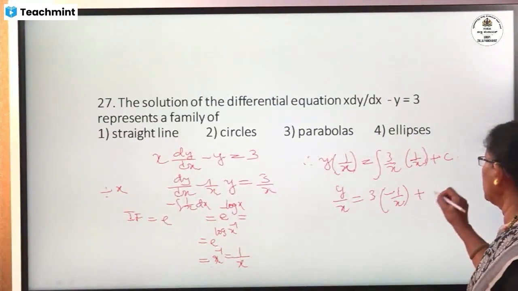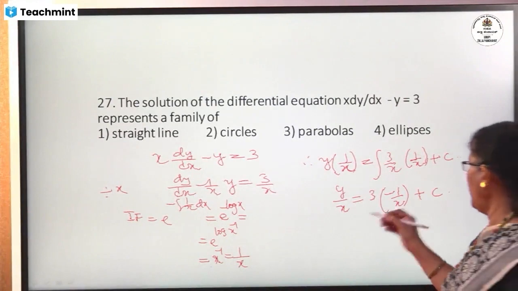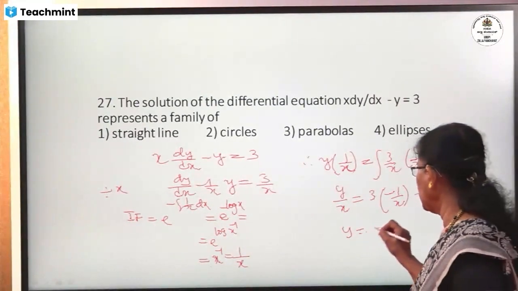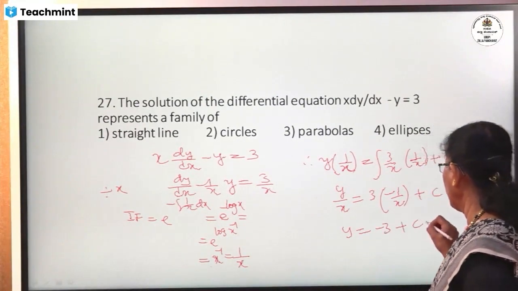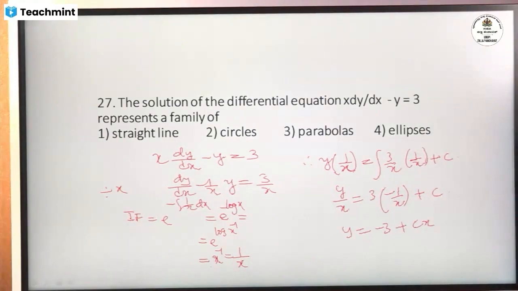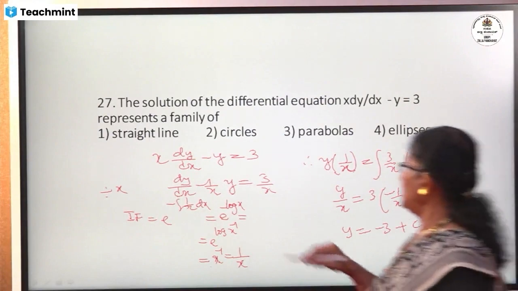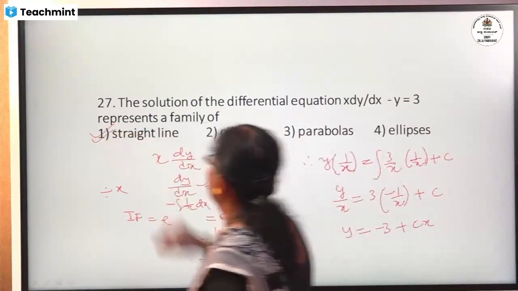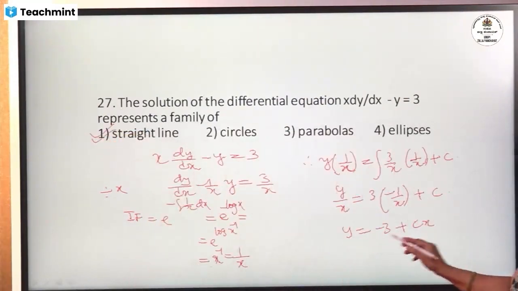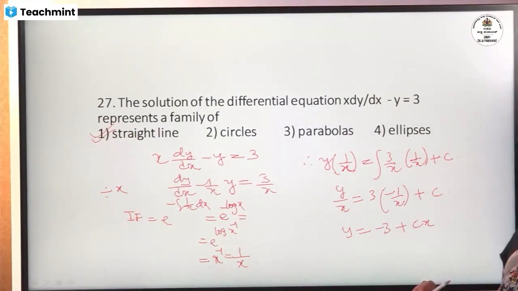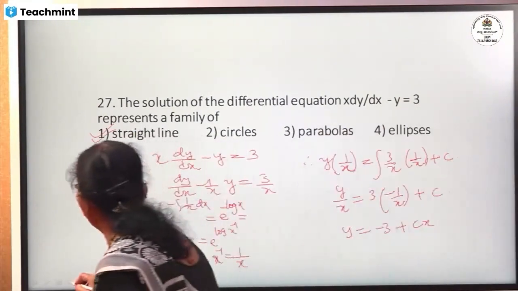It is minus 1 by x. Now if I multiply throughout by x, I get y is equal to minus 3 plus cx, which represents what? A straight line.